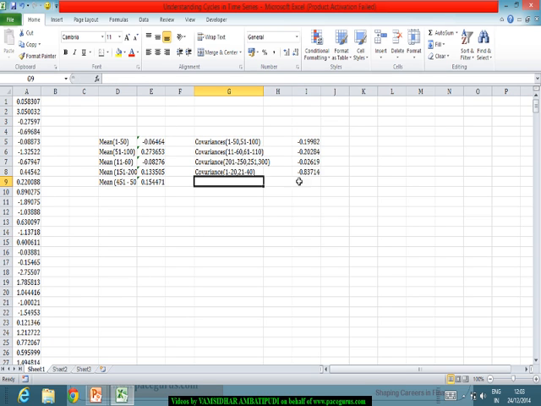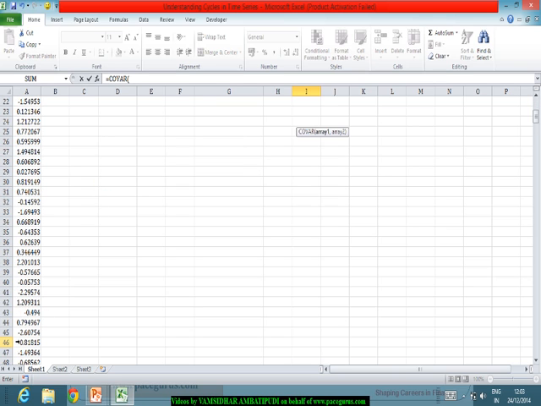This covariance might be slightly different, because it's for a lag of 20 only. Then the covariance between 41 to 60 and 61 to 80, which is also for a lag of 20.